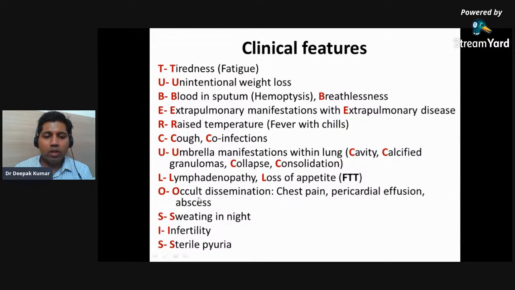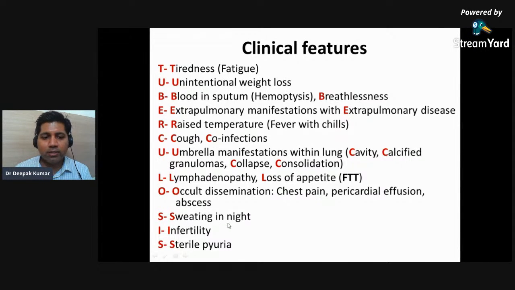When there is occult dissemination without anyone's knowledge, it may insidiously produce a pericardial effusion, which can result in cardiac tamponade in later stages. And abscesses. The heterogeneous dissemination of tuberculosis bacilli can happen in multiple areas, forming pockets of pus, resulting in abscesses.